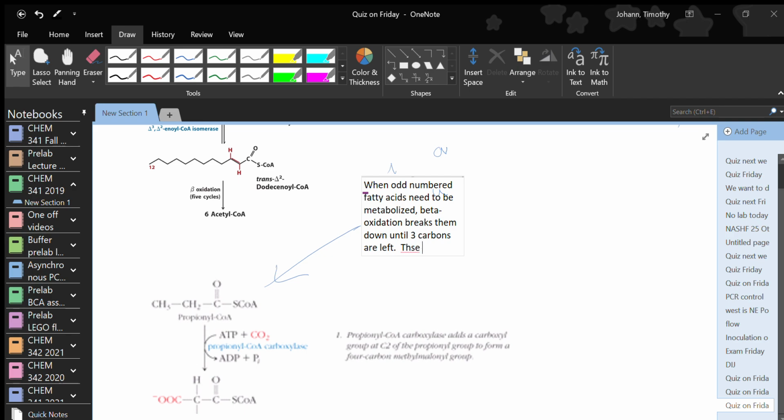Those 3 carbons are then going to be metabolized by a separate pathway. Let's say catabolized.